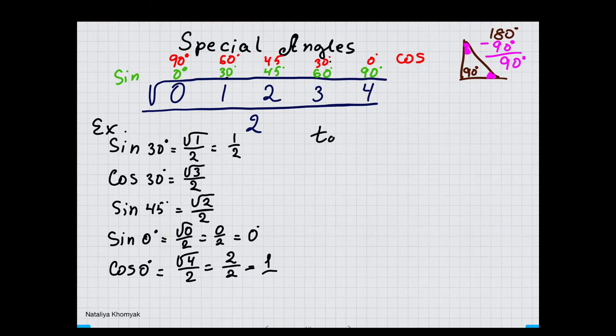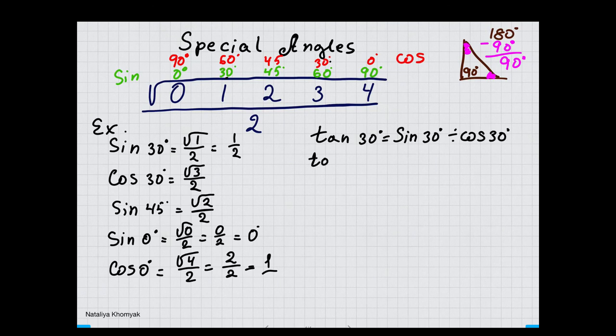This is fun, said and done, but the tricky part comes when you have to calculate, let's say, tangent of 30 degrees. This reference diagram has no indication of what tangent of 30 degrees is, but I have shown you the identity before, saying that tangent of an angle will be equal to sine of that angle divided by cosine of that angle.